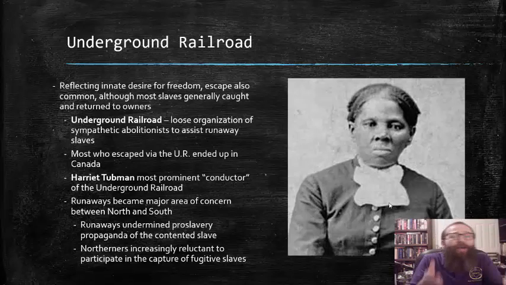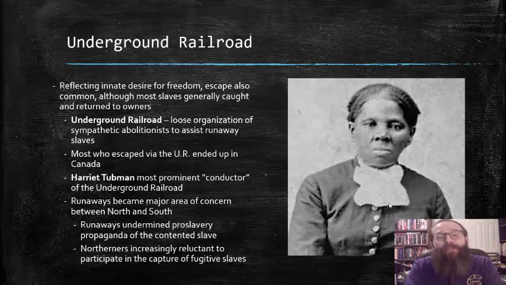This Underground Railroad, as it has been called, was a loose organization of sympathetic abolitionists who formed to assist these runaway slaves and would provide shelter in homes or farms along specific routes through the North that allowed these slaves places to hide from those that were seeking to recapture them.